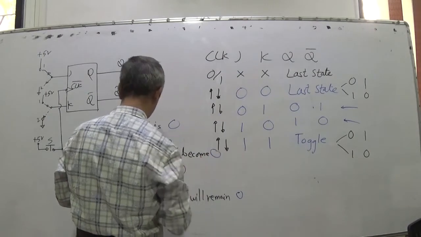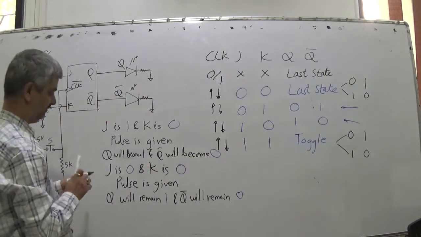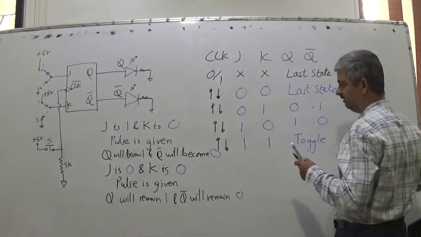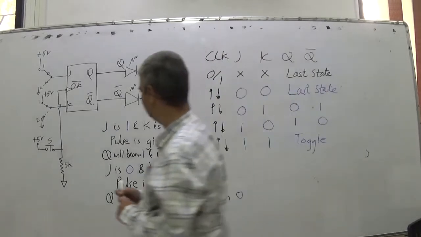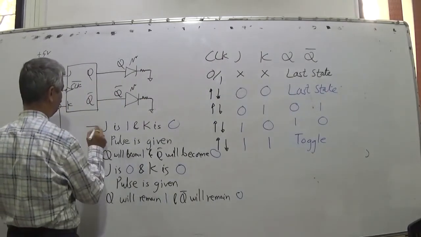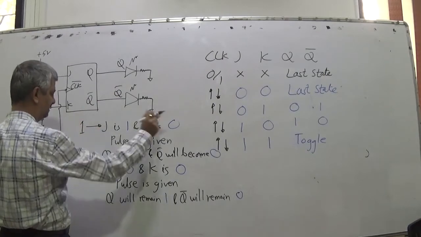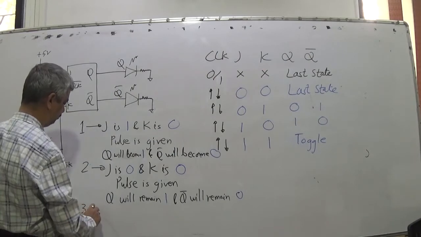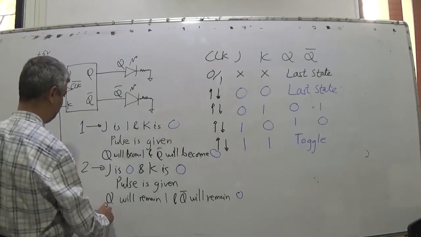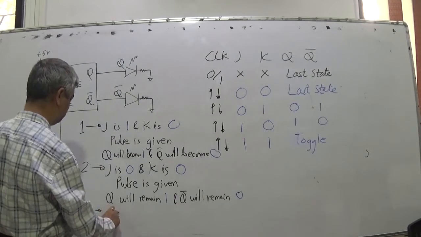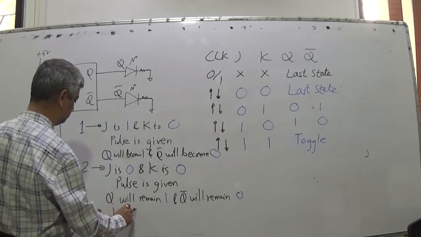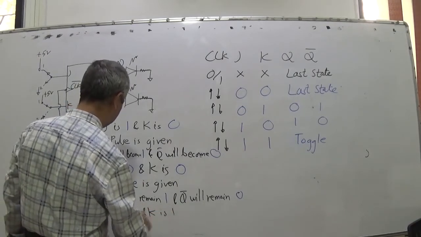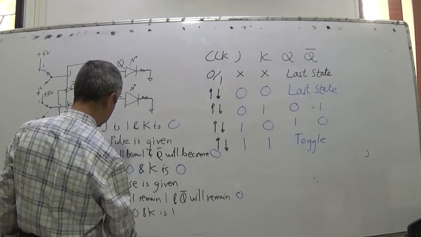I will explain this meaning very appropriately. So I write on this side, this is experiment operation 1. Set something, press switch. Operation 2. Now operation 3, what you can do? Operation 3, you can have J is 0 and K is 1, pulse is given.